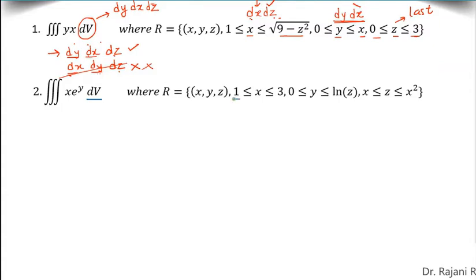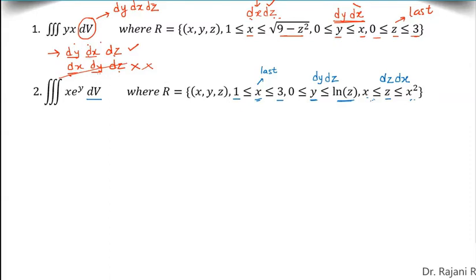Now, x is in terms of constant, so it means x will be last. Y in terms of z, so means dy, dz. Z is in terms of x, both limits in terms of x, so dz, dx. So what do we want? X at the end.